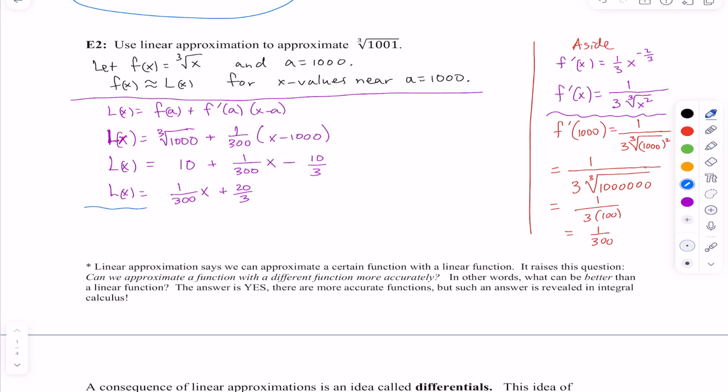One last procedure. We want to approximate the cube root of 1001.